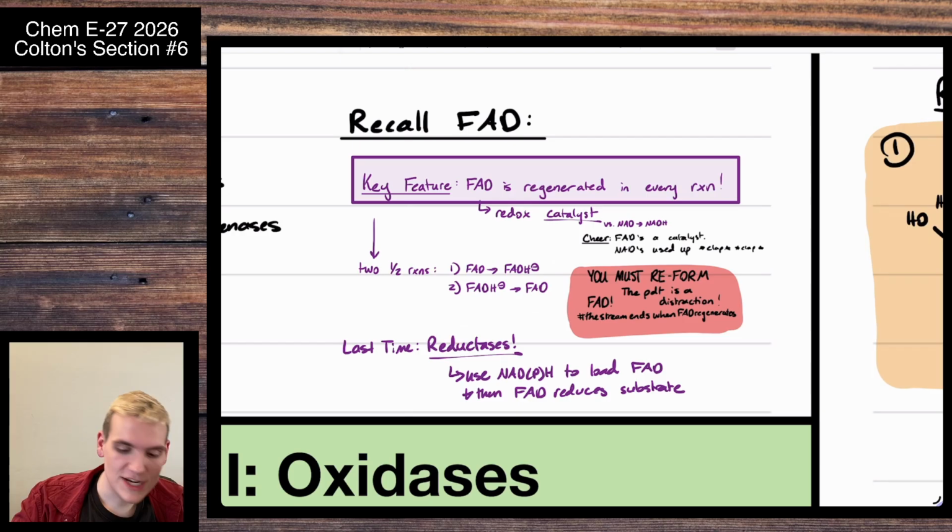The first half reaction, we are going from FAD to FADH minus, so something is going to charge up the FAD and reduce it. And then the second half is going to be regenerating FAD. And you cannot stop writing your mechanism until you reform FAD. You may form the product after step 1. And if you don't reform the FAD, you will lose 20 points.